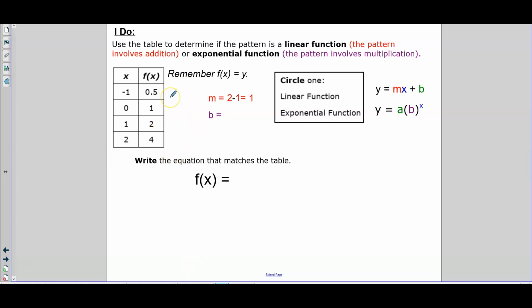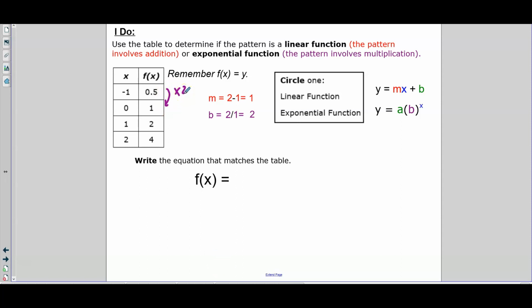Okay, so I'm going to say it's probably going to be exponential then. Let's go ahead and check it with the same two numbers. Let's use the 2 and the 1. We said if exponential, then your b would be the 2 here divided by the number above it, which in this case is the 1. So if I do 2 over 1, divide them out, you'll get an answer of 2. And if we check this one, now what that means is I can take that 2 and multiply.